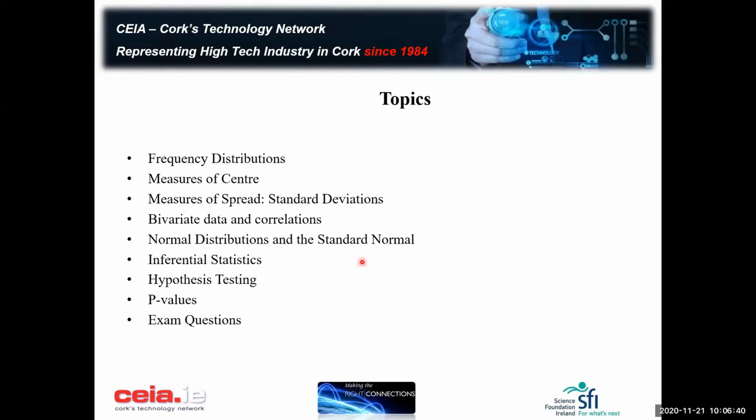So today, these are the topics I'll be covering, starting with frequency distributions, then going on to measures of center, which is averages, measures of spread, especially standard deviations, and diverting a little bit to talk about bivariate data and correlations, and then on to the meat of the course, which is normal distributions and the standard normal.